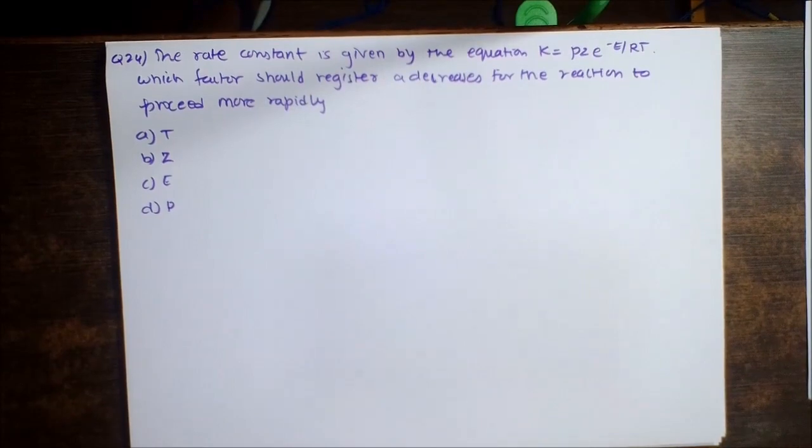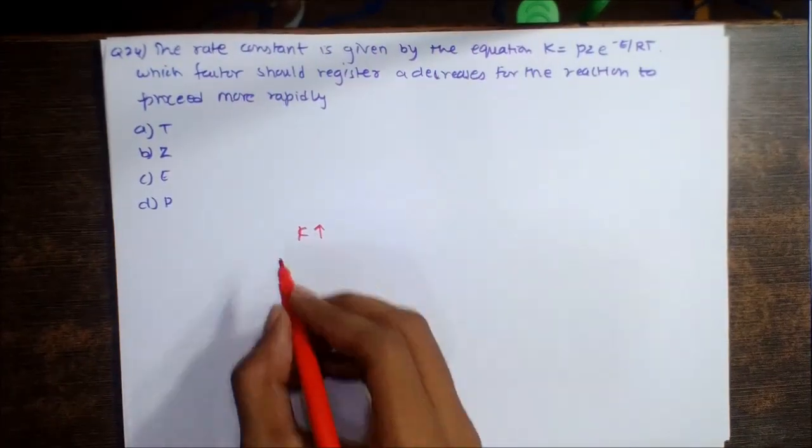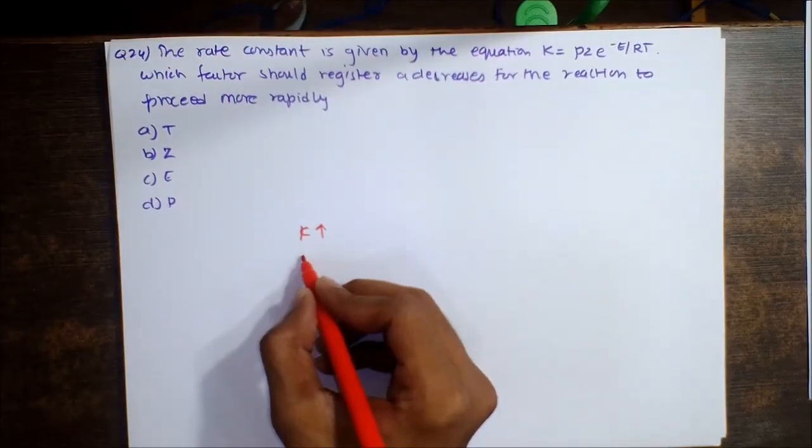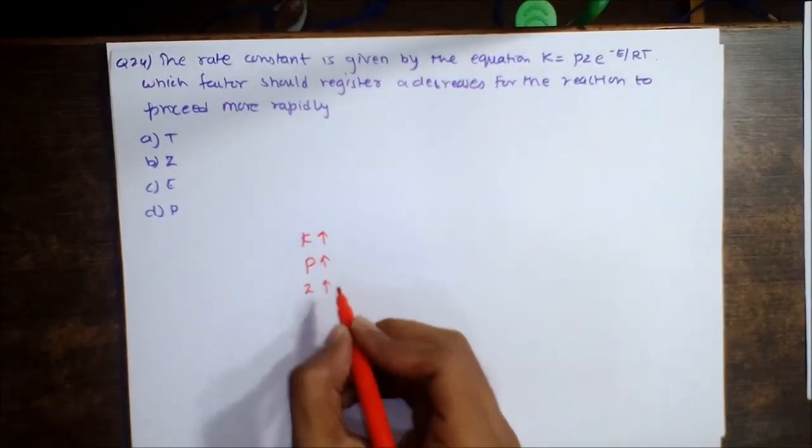Question 24. The rate constant is given by the equation K equals PZ e raised to minus E upon RT. Which factor should register a decrease for the reaction to proceed more rapidly? For the reaction to proceed more rapidly, K has to increase. K will increase when P increases, Z increases.